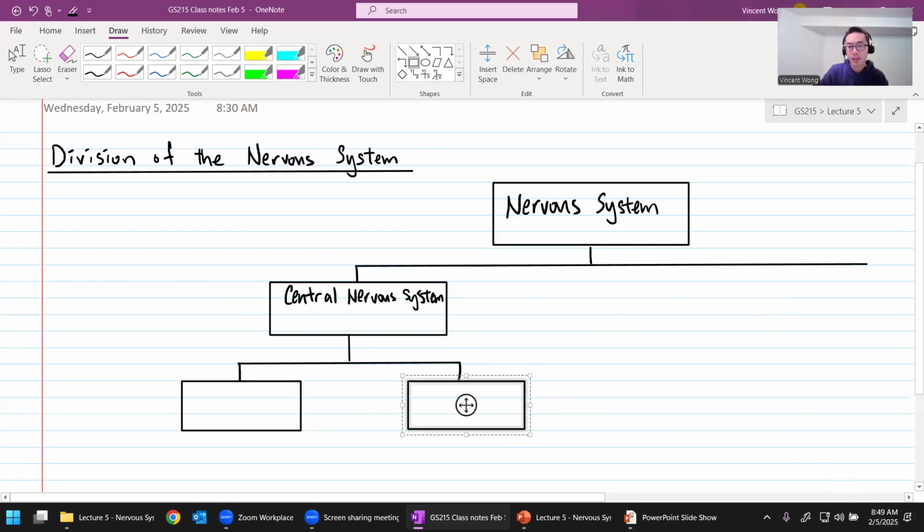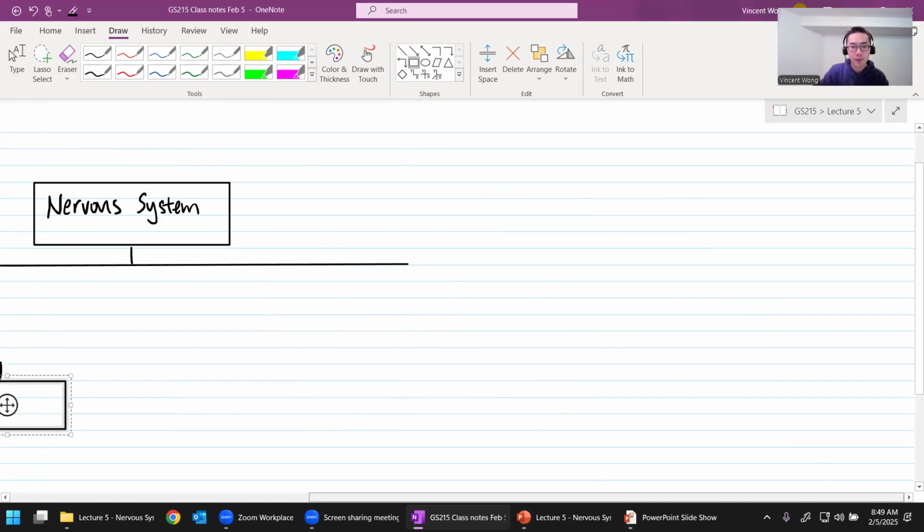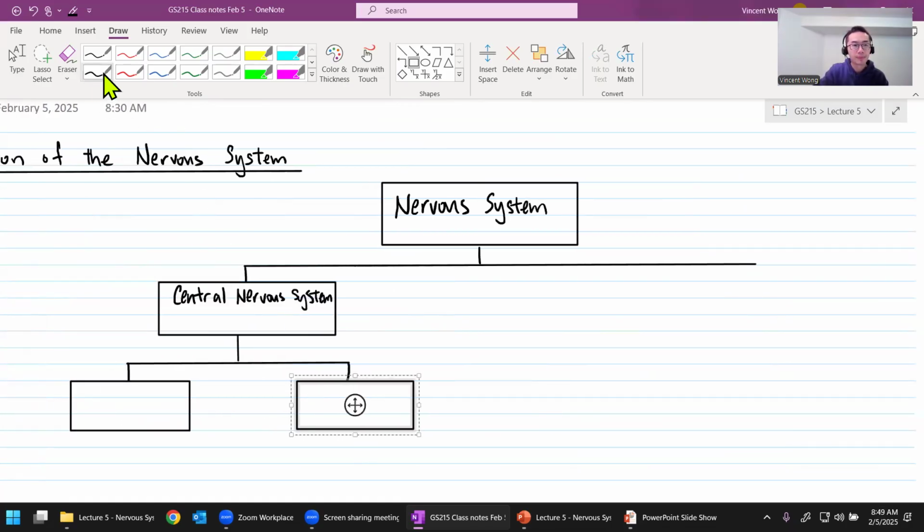Two parts to the central nervous system. What are they? Too easy, right? You don't even want to answer. If you're thinking of the brain and the spinal cord, you'll be correct.